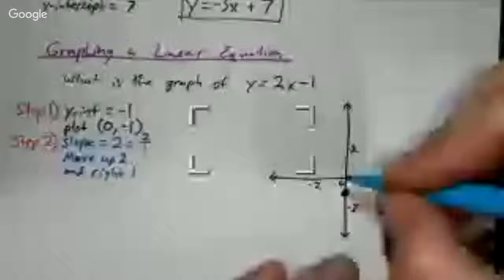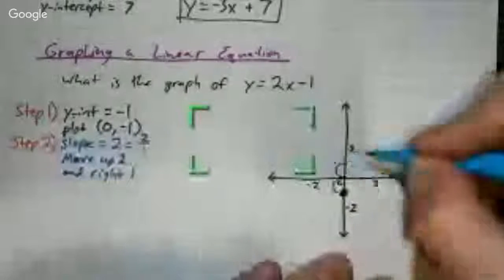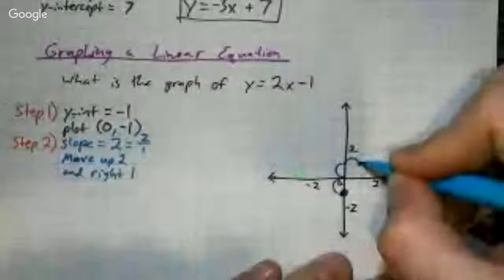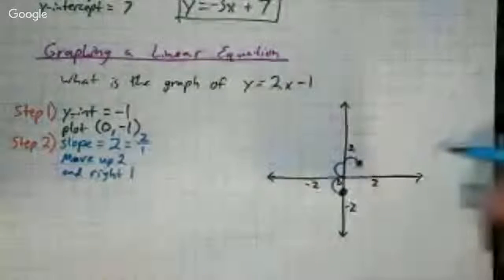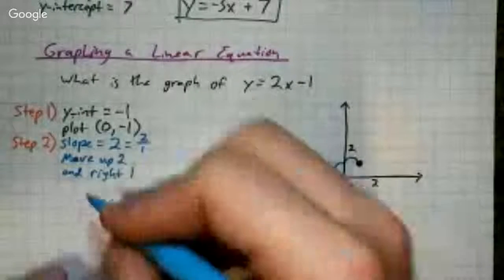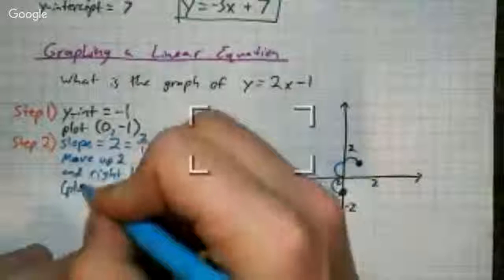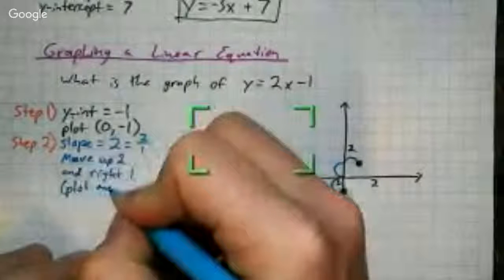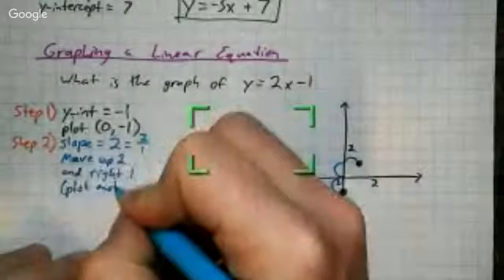Okay, so let's plot that next point. We go up 2 and over 1. There's my next point. And you know what? For good measure, plot another. There we go.